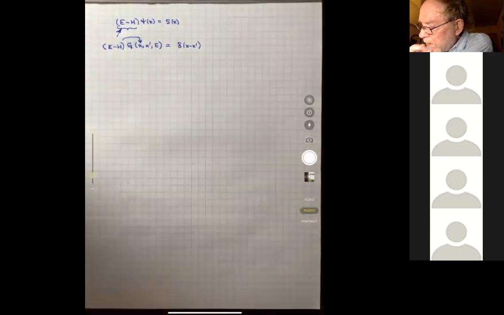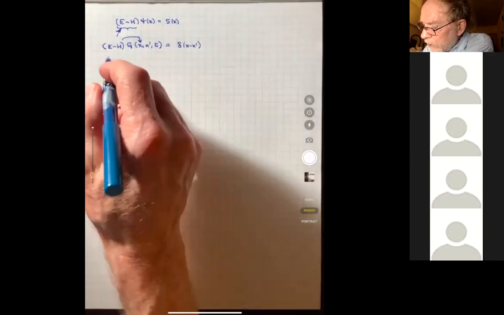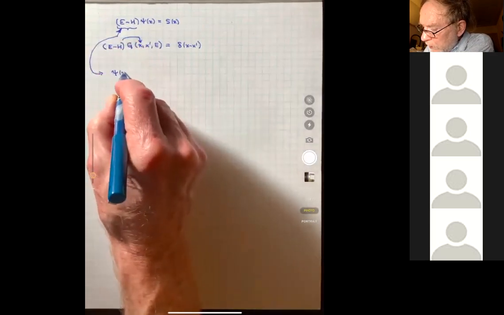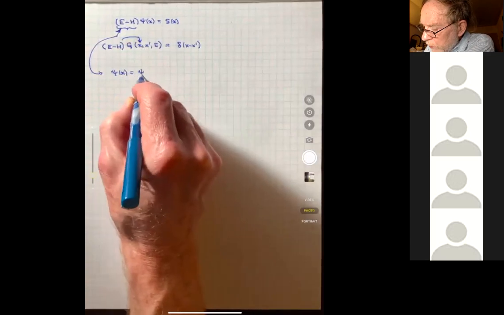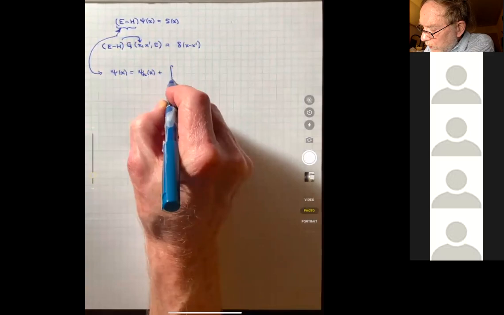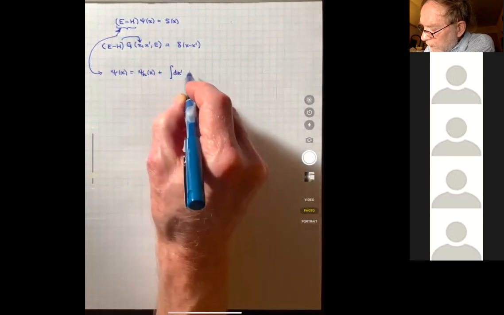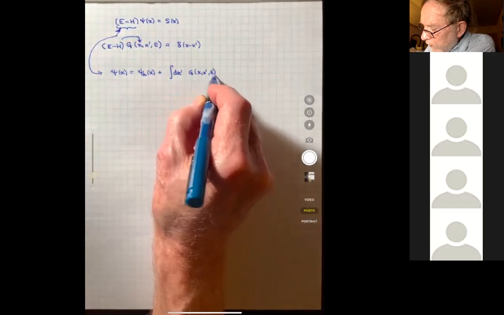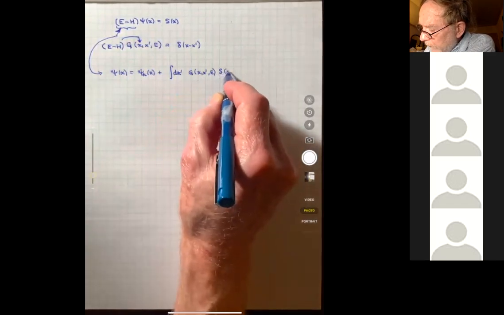Now, if we find such a Green's function, then the solution to the original equation is psi of x equals psi homogeneous solution of x plus an integral over dx prime of the Green's function G of x, x prime, and E times the source term S of x prime.